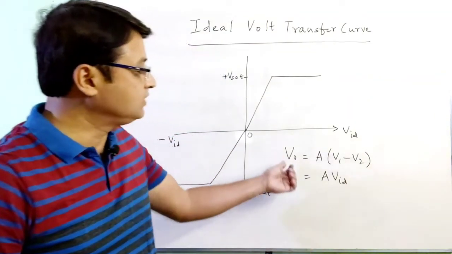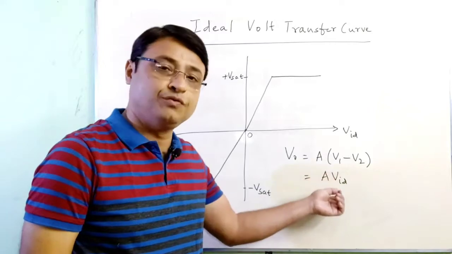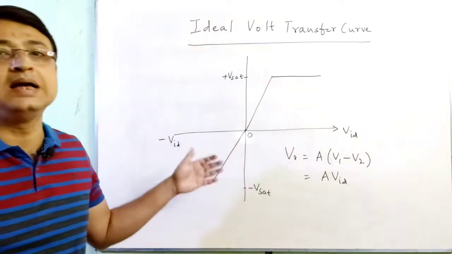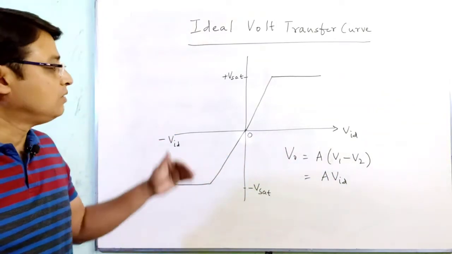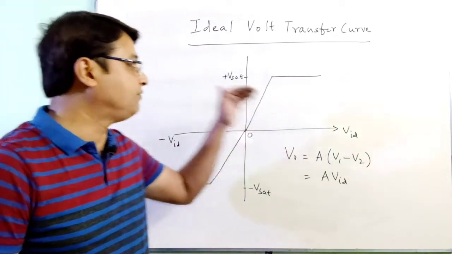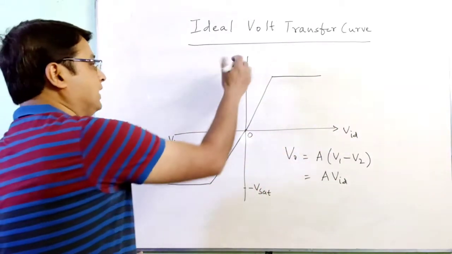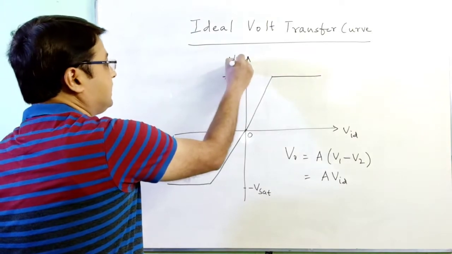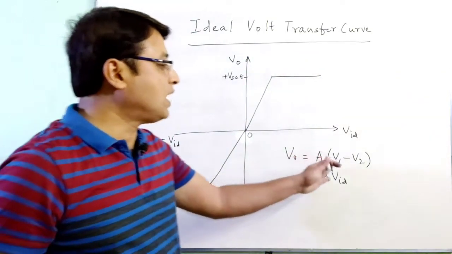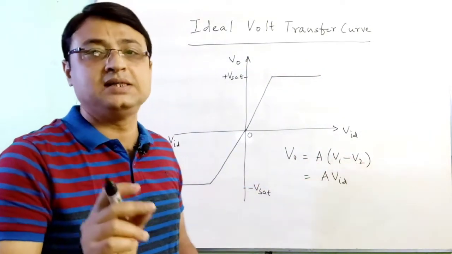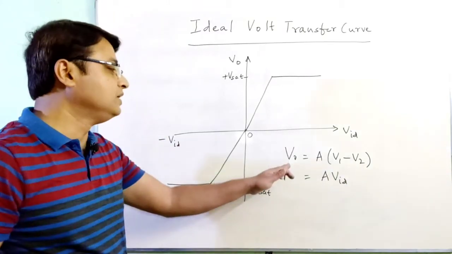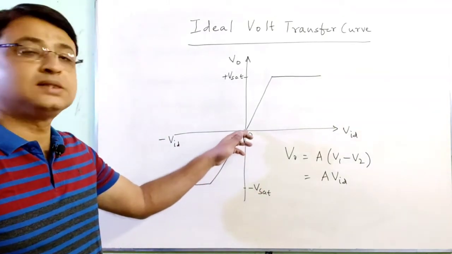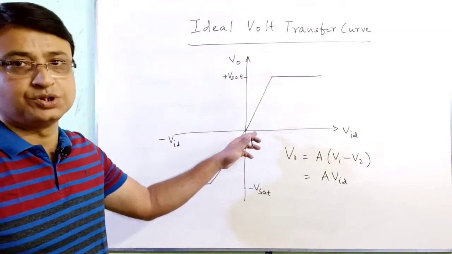So in short, V0 can be written as A into VID. In the ideal voltage transfer curve, we plot VID versus the output voltage. When V1 equals V2, that is VID equals 0, then V0 should be 0. So this is the point when VID equals 0.